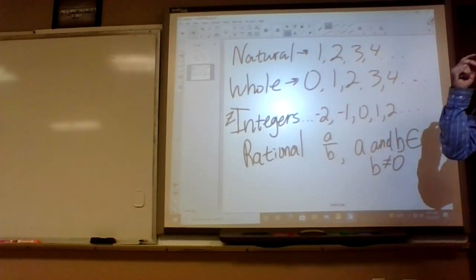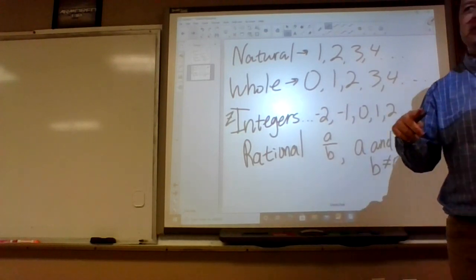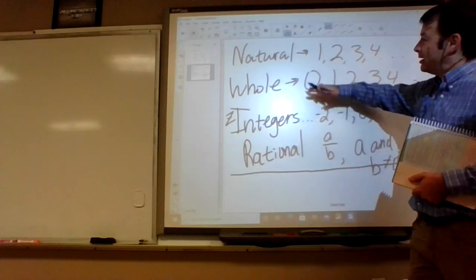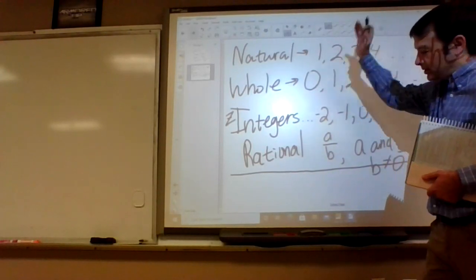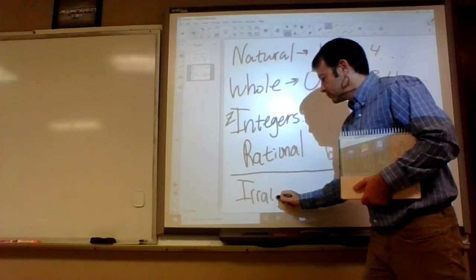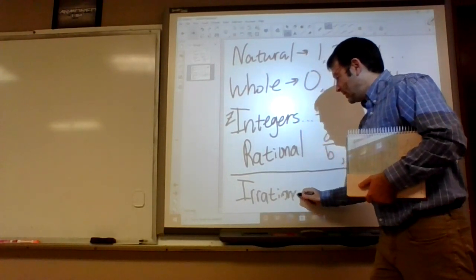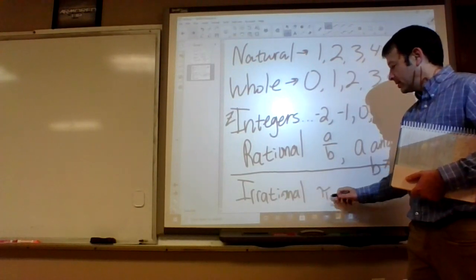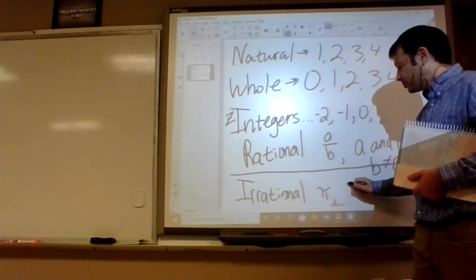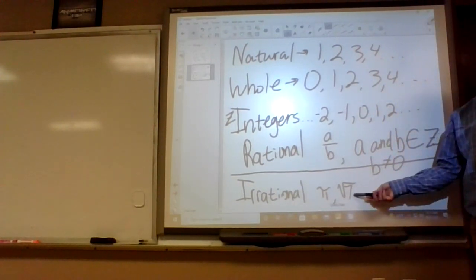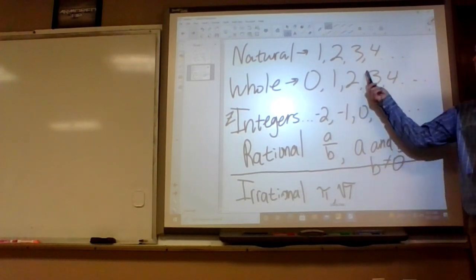It could be a decimal, a repeating decimal. So everything up here is rational. So what's not rational? Irrational. Never-ending, non-repeating decimals like pi or square root of 7. But if I said square root of 9, that's 3, so that would go up here.